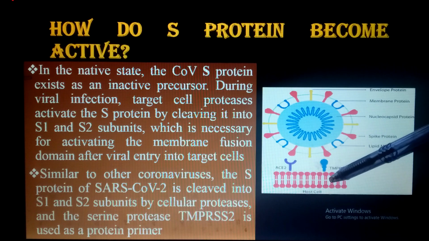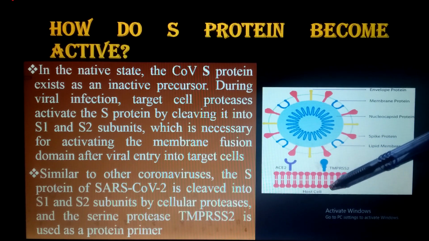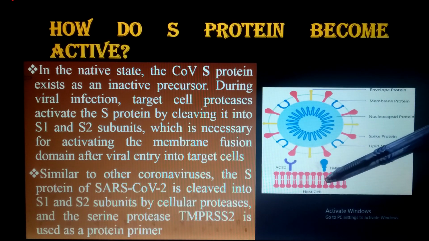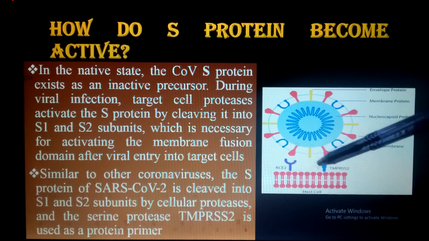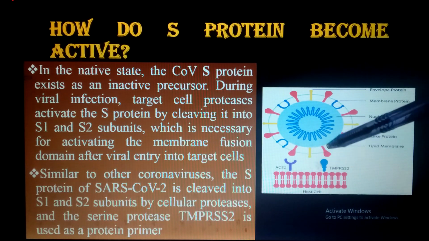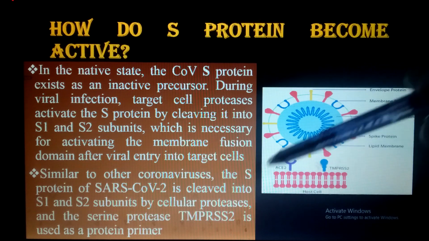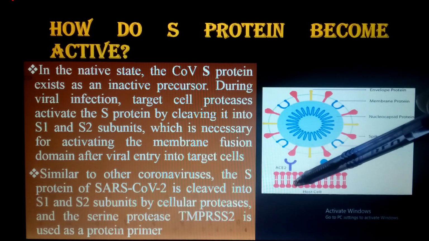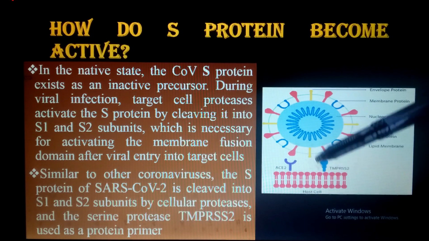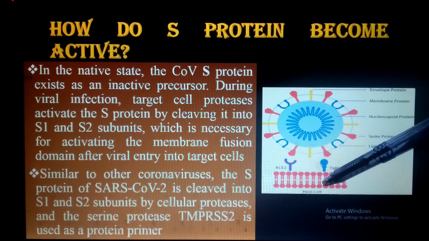These transmembrane proteases on the host cell actually help in activating the coronavirus spike proteins. So the binding and fusion with the ACE2 on the host cell membrane will be easy. This is the mechanism. They use the host cell proteases to become active.